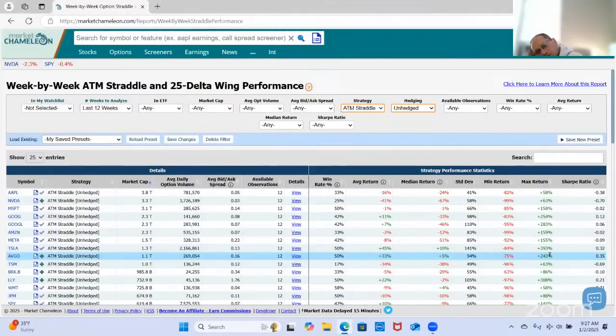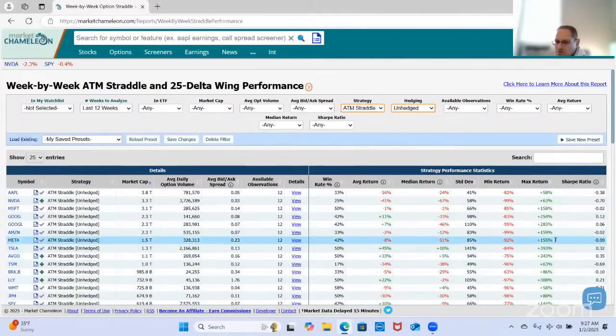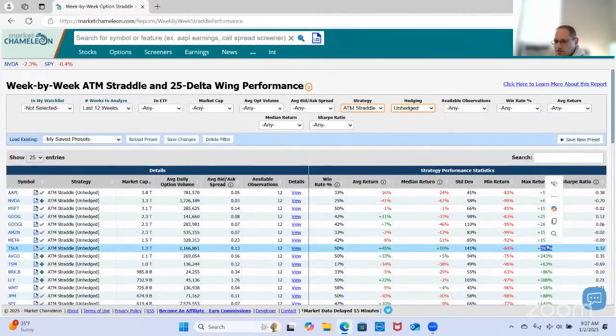So you could see why it's not only the win rate, the frequency of the success, but also when it is successful, the returns could be very high. You could have a very big move in a stock, and that straddle could return more than 100%. 200, 300, almost 400% in this case.